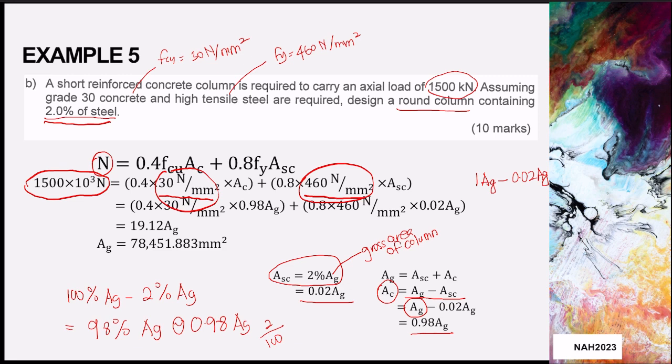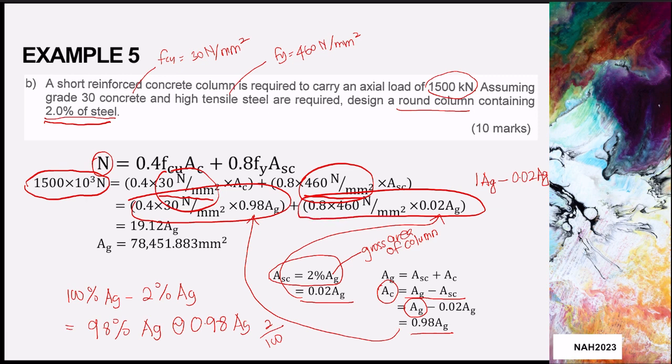Then we can replace it into the formula, which is 0.02 AG replace dekat ASC and 0.98 AG replace dekat AC. Solve this one and you tambah dengan this one, you will get 19.12 AG. Meaning that 1500 darab 10 kuasa 3 Newton bersamaan dengan 19.12 AG.